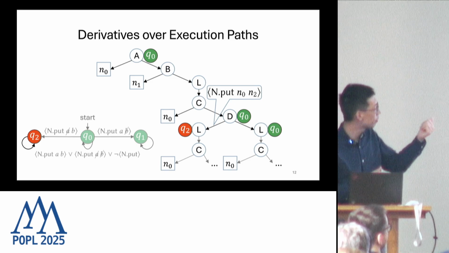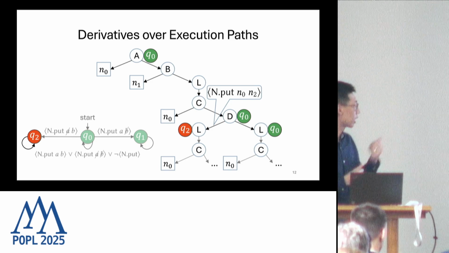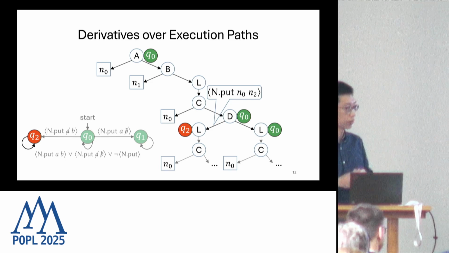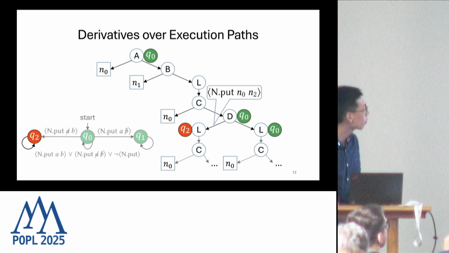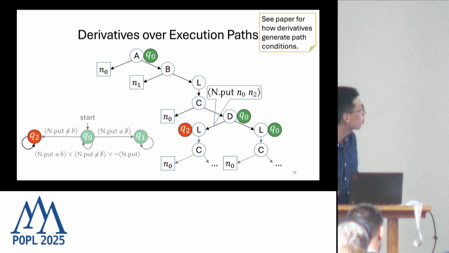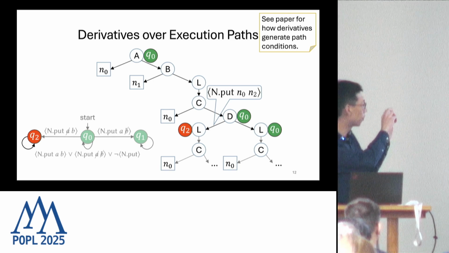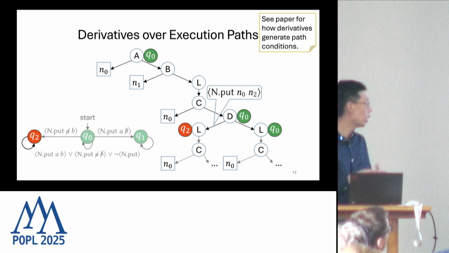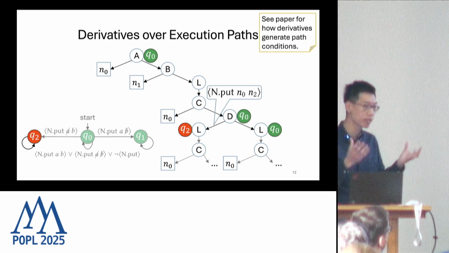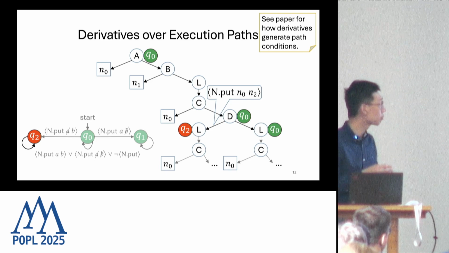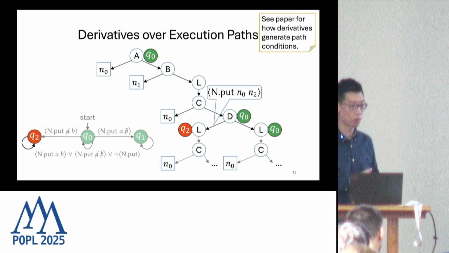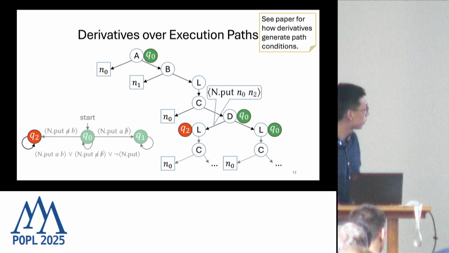The derivative at the left branch can be denoted by this bad state Q2. We omit details on how we generate constraints over A, B, N0, and N2, which are essentially path conditions in symbolic execution. Please refer to our paper for details on how we generate those.